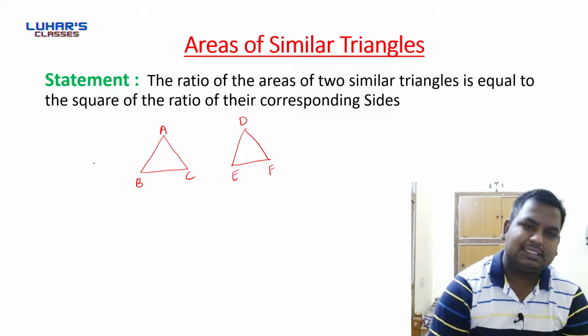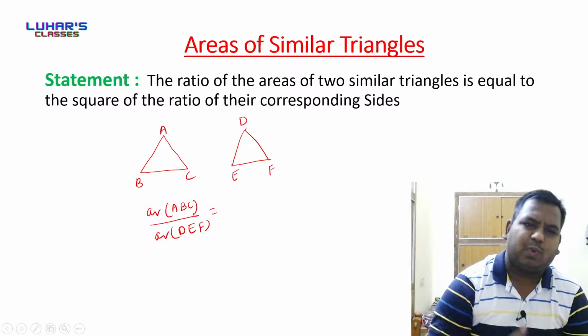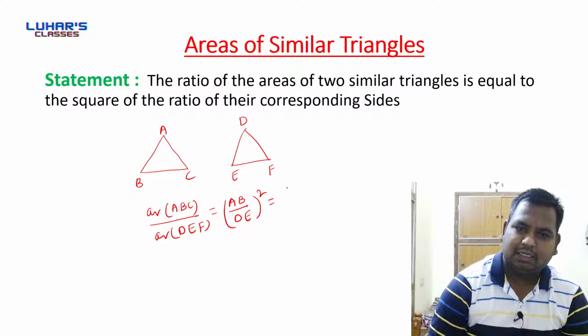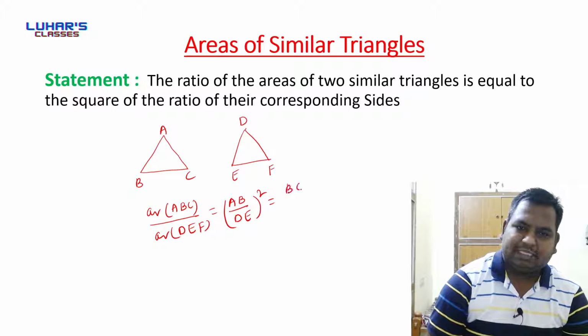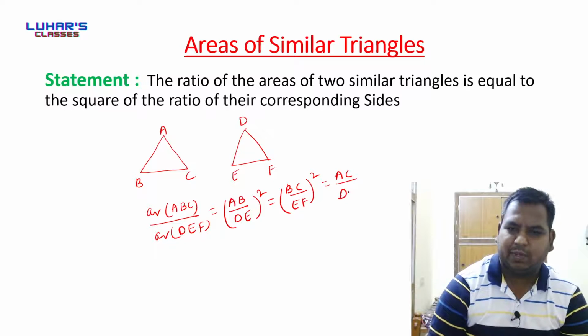Then area of triangle ABC by area of triangle DEF will be equal to the square of the ratio of the corresponding sides. That means AB by DE whole square is equal to BC by EF whole square is equal to AC by DF whole square.